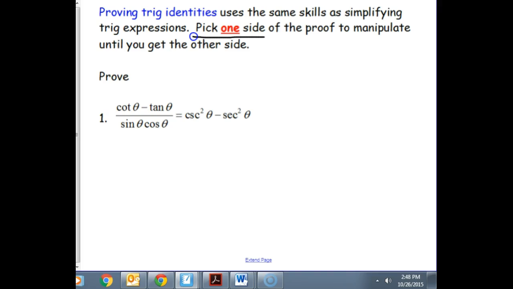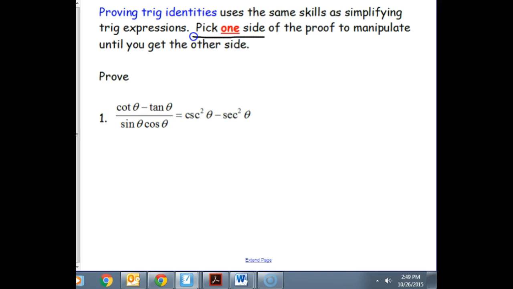My thought process is whenever I'm trying to work one of these, is I try to pick the side that has the most things there to work with. Okay? So if you look at this one, the left side actually has more stuff that I can mess with, more stuff that I can actually do things with. Okay? So that's what I'm actually looking for whenever I'm working one of these.